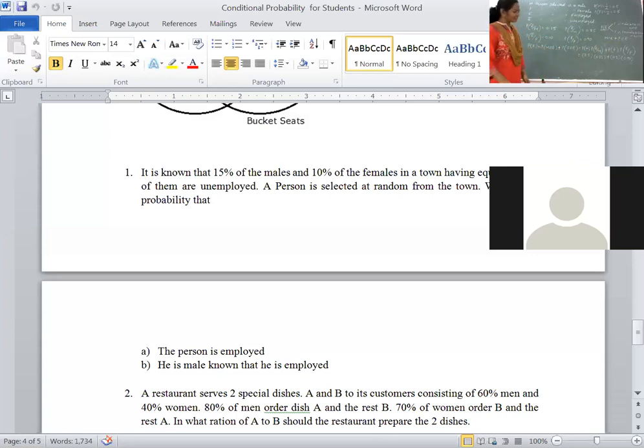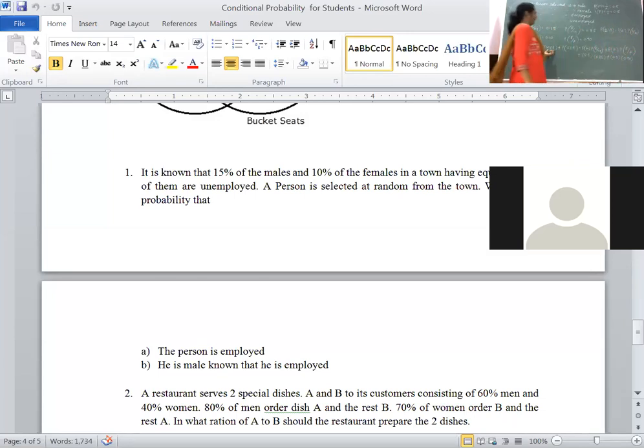Now, conditional probability we have to apply. You know that the conditional probability statement says simultaneous happening of both the events, that is A intersection B, is probability of A into probability of B given A, where A is the event that happened earlier. Which event happened earlier? A. The remaining event will come in the numerator part.